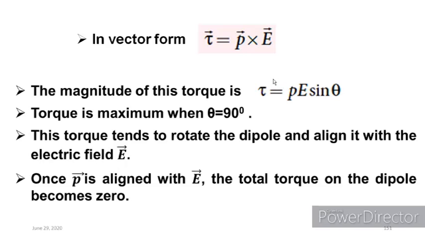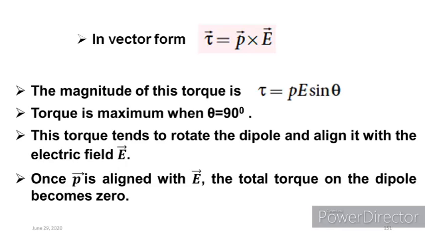What will happen if theta is equal to 90 degrees? Sin 90 is equal to 1, then torque is equal to pE. So torque is maximum when theta is equal to 90 degrees. This torque tends to rotate the dipole and align it with the electric field E. Once p is aligned with E, the total torque on the dipole becomes 0.